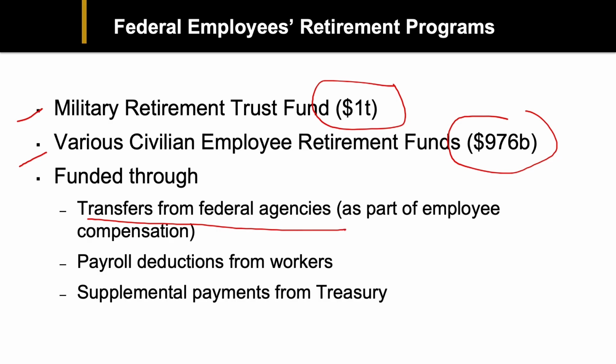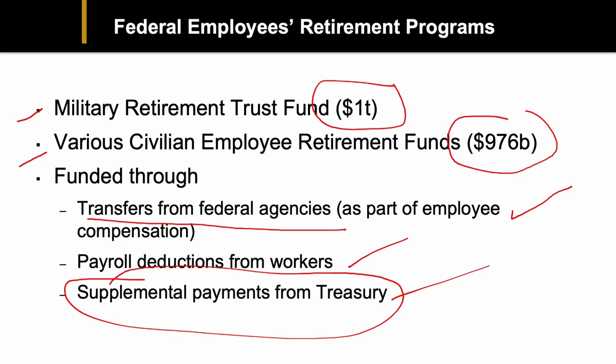In other words, as part of the employee compensation for military and civilian employees, the federal government puts money into their trust fund. And then there's some payroll deduction from workers as well. And then that money is also supplemented by the Treasury Department. They have some general funds, general tax revenue that they'll put into these funds as well.